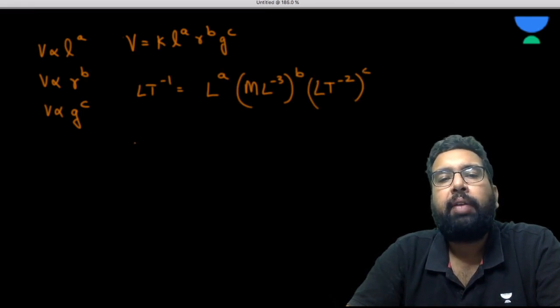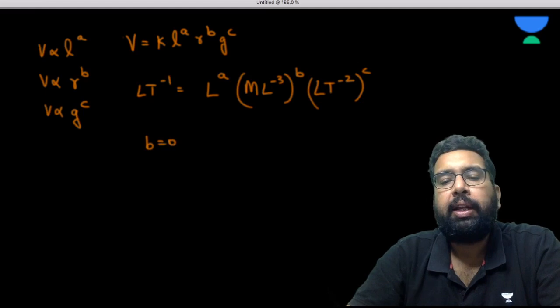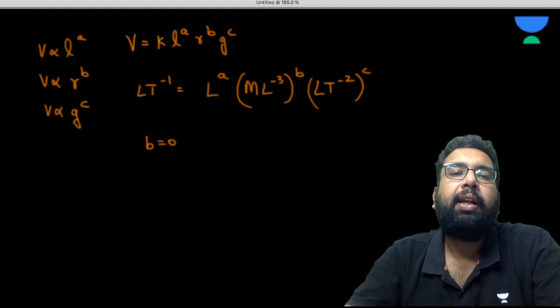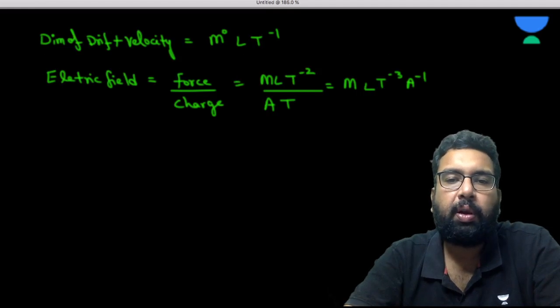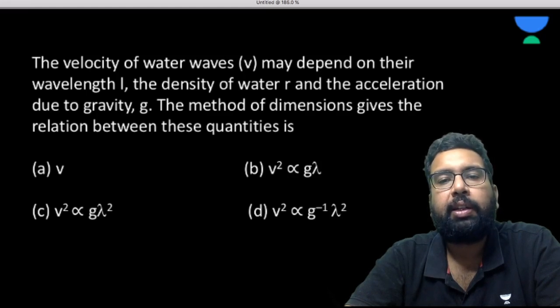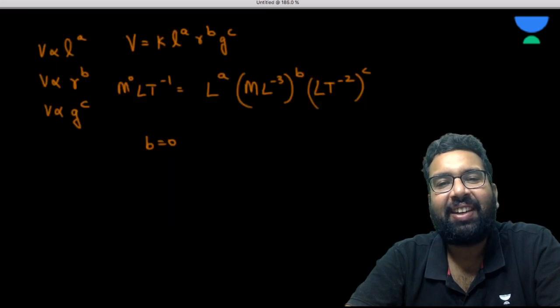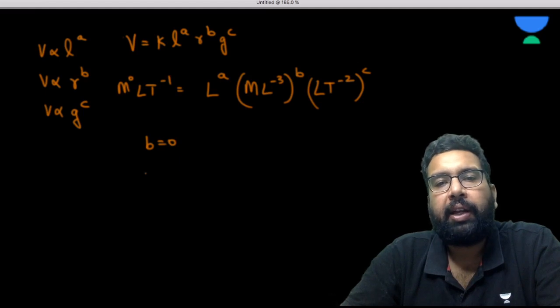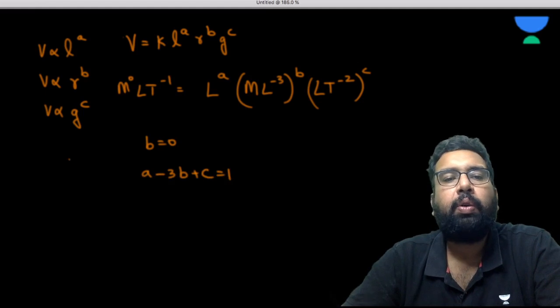Now from here, can we write b is equal to 0 clearly? b is equal to 0, because on the left hand side, M is equal to 0. Now let's come to the options. In no option is density mentioned, so you cannot come to the correct conclusion here. No problem. Now we can write a minus 3b plus c is equal to 1. How do you get that?